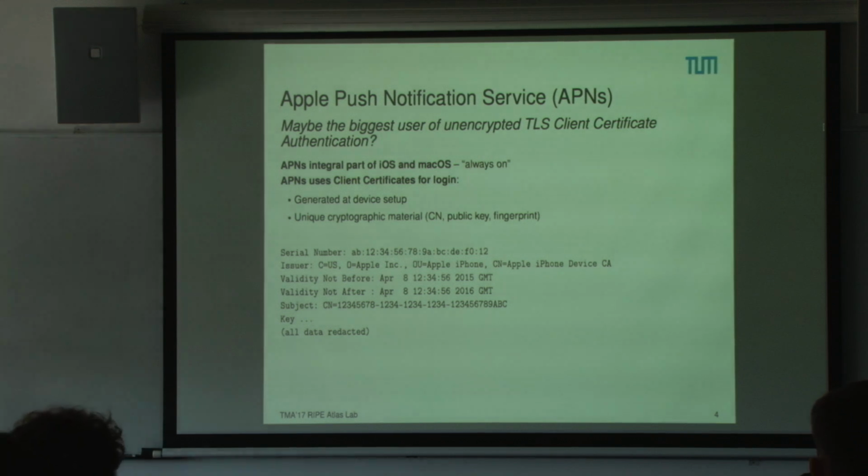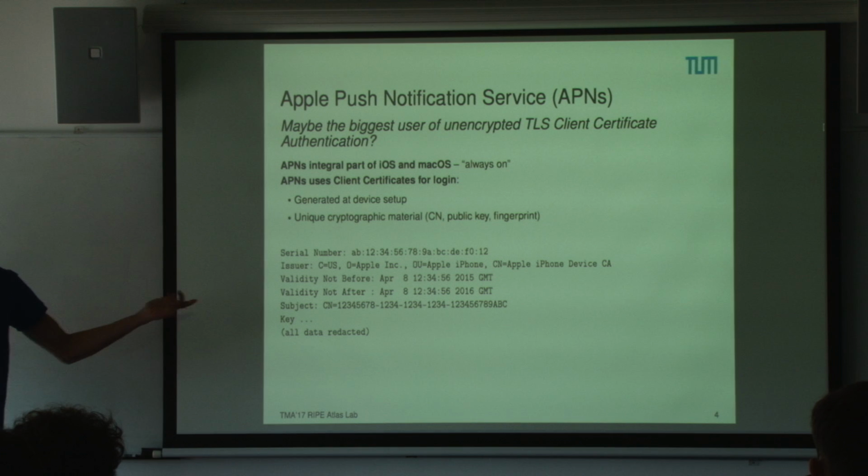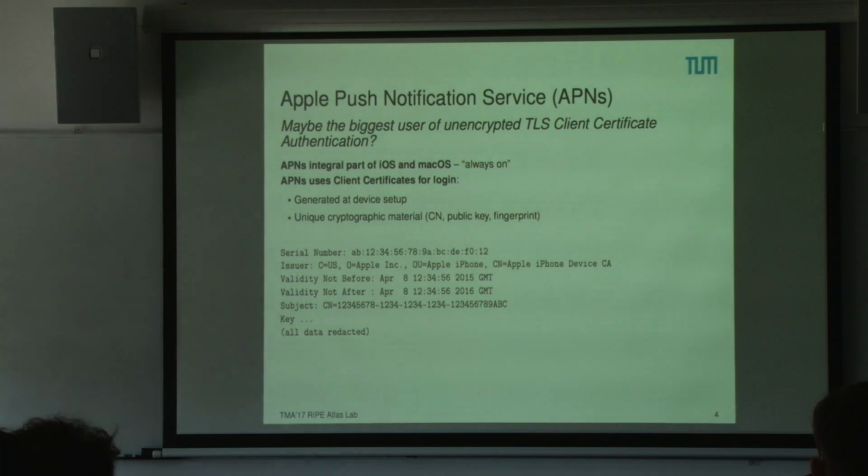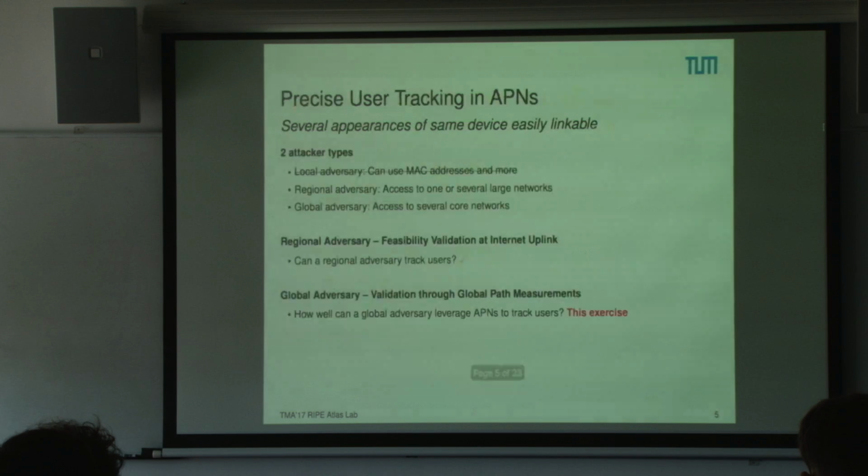And every time you connect to a network, it transmits that certificate. And that certificate is unique. So you can uniquely identify hundreds of millions of Apple users or devices, which then map to users. The talk in the conference will have more background on that. I just fly over it for you as background.